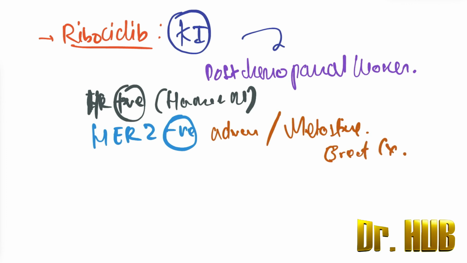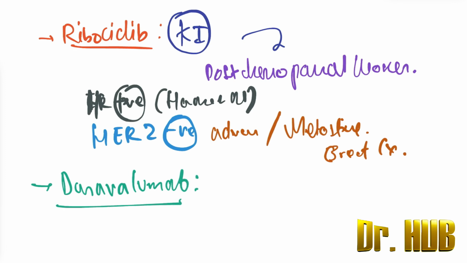Then we move on to durvalumab. Durvalumab is a programmed death ligand 1, so what do you mean by programmed death ligand 1?